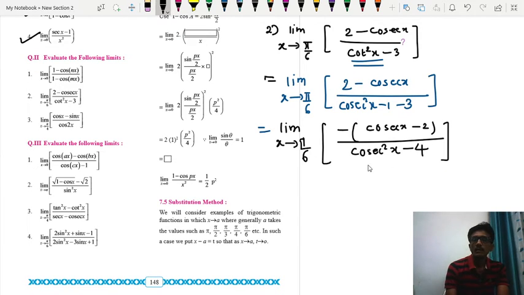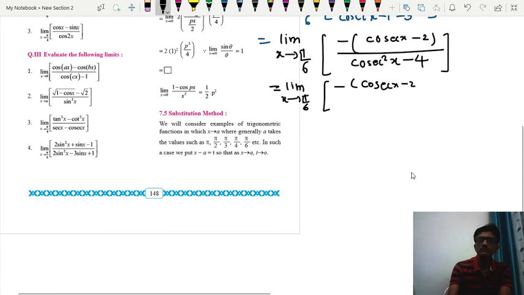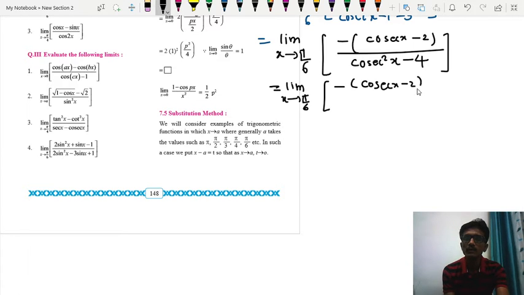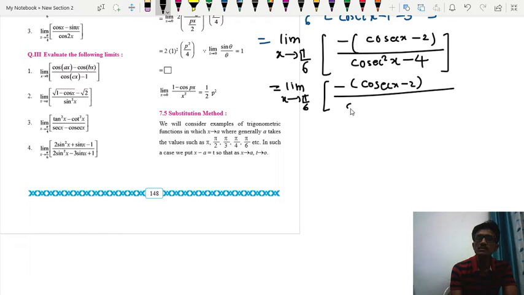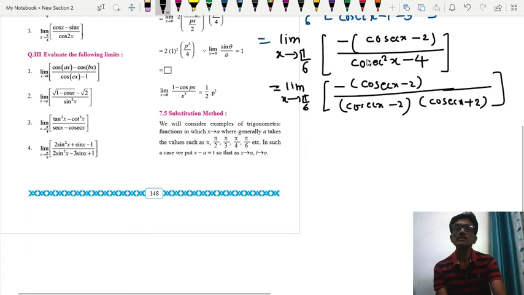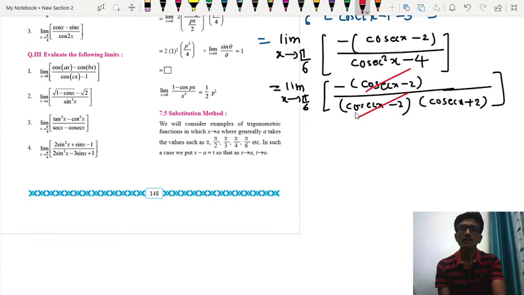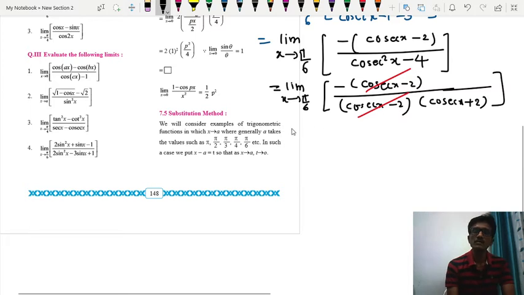So a square minus b square form, it is limit x tends to pi by 6, minus of (cosec x minus 2) upon the denominator, cosec x minus 2 and cosec x plus 2. Then we cancel this cosec x minus 2.